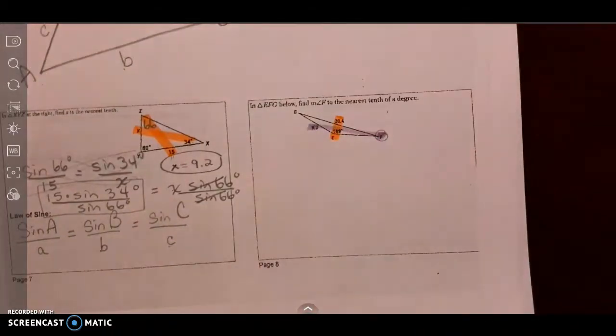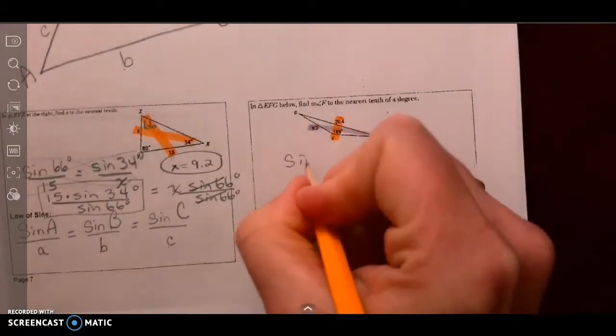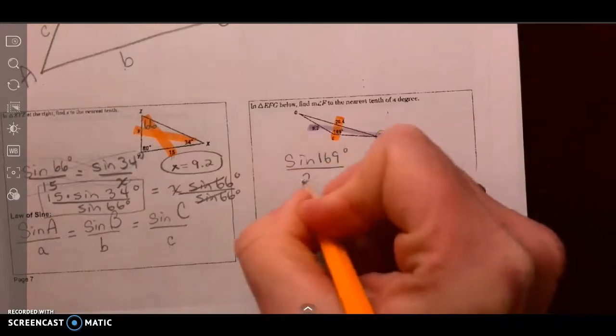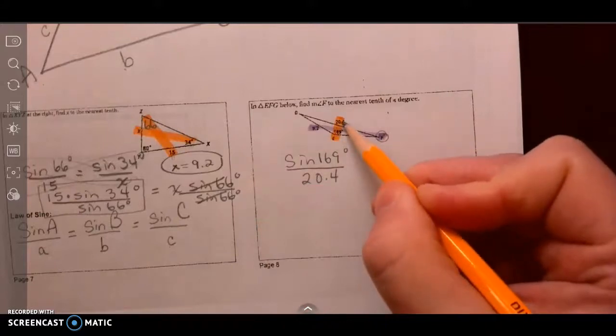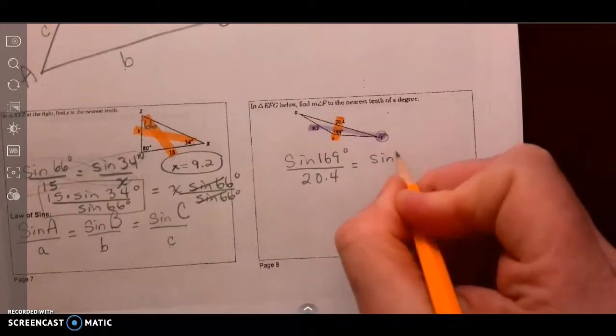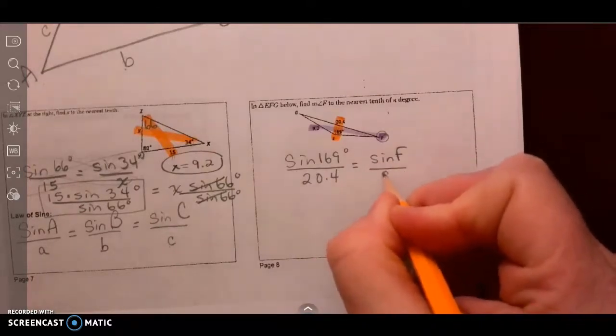So when I go to write my proportion, I'm going to write sine of 169 divided by 20.4. The sine of this angle and the side across from it is equal to the sine of F divided by 9.2.